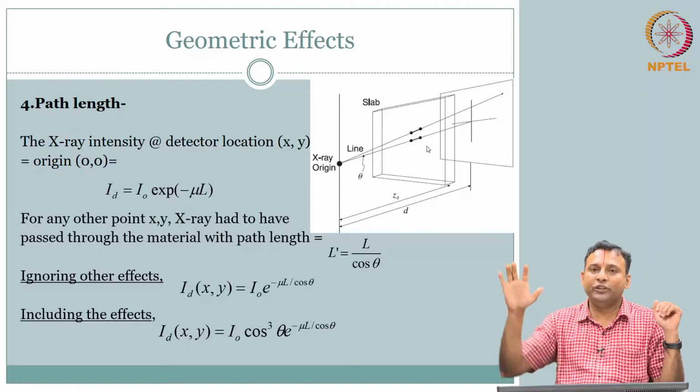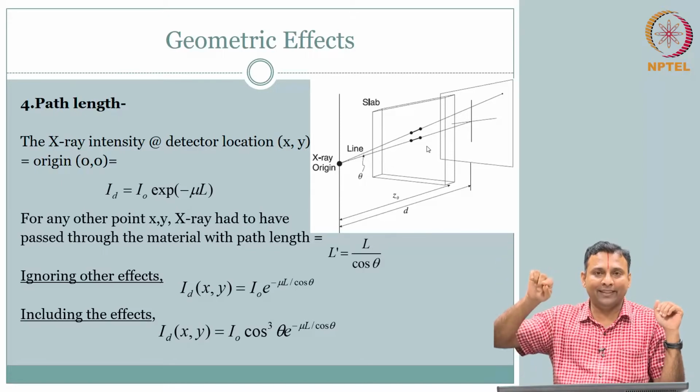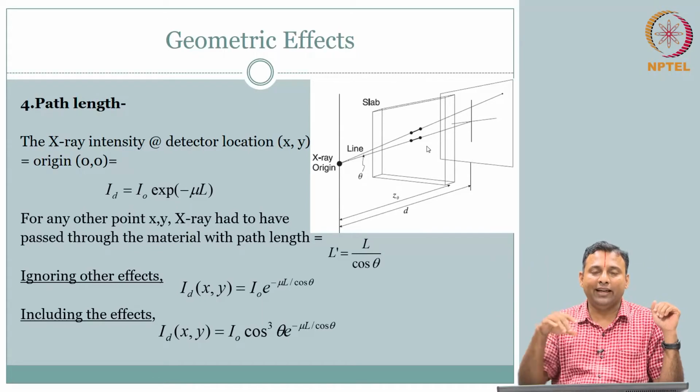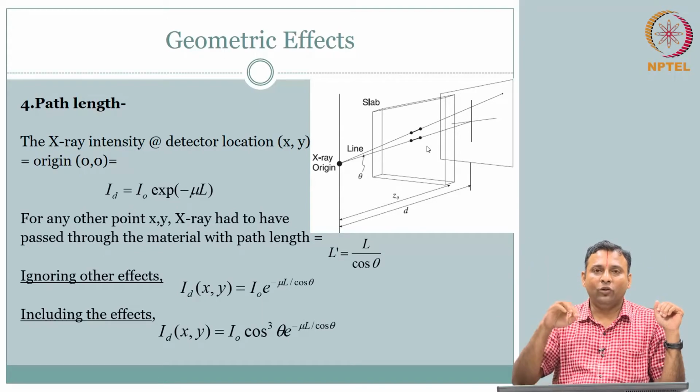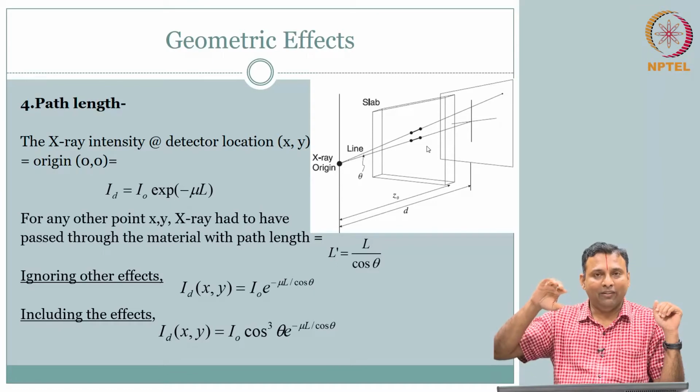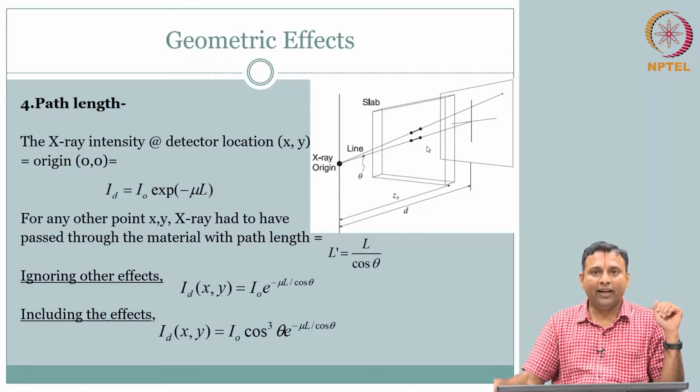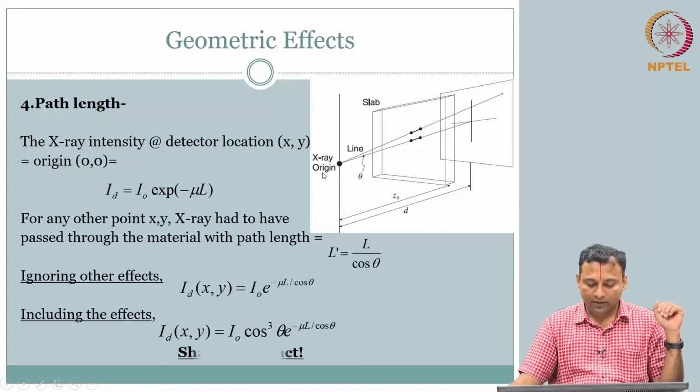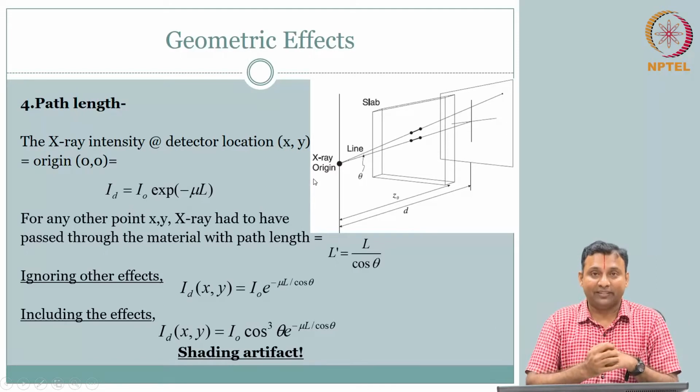It is not going to be homogeneously white. It will be white at the center, and it will start to grey out as you go towards the edges. It will look like you have a shadow. So it is called a shading artifact.